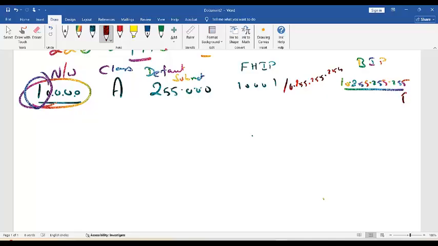You see, one less. This is the last host IP. In this network, this will be the first computer's IP and this will be the last computer's IP.